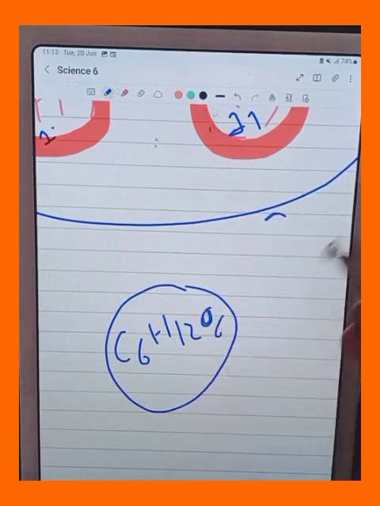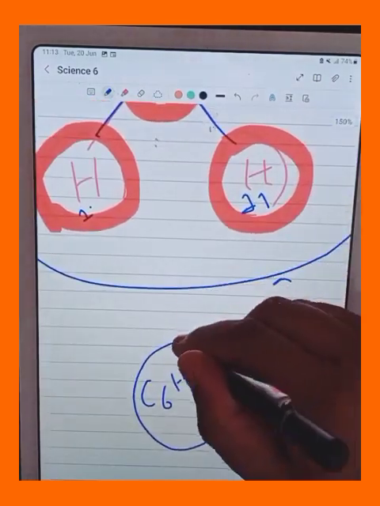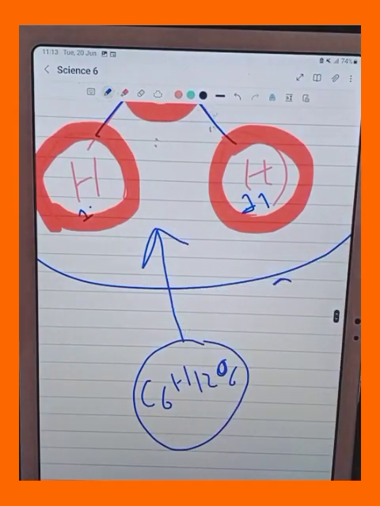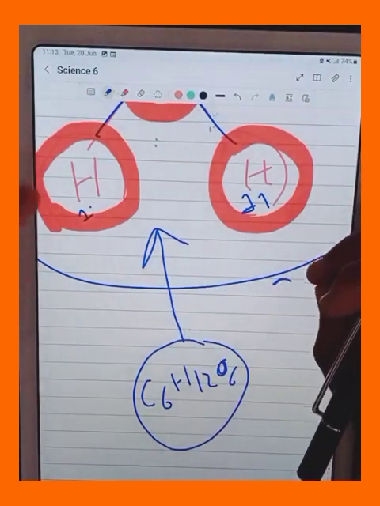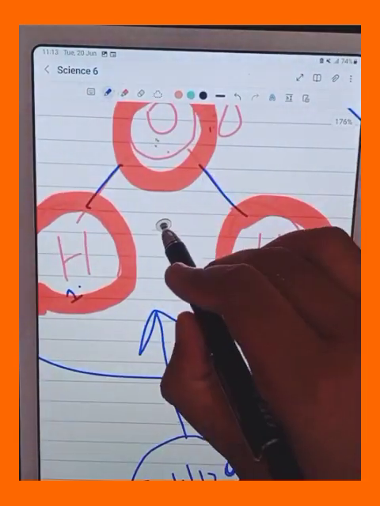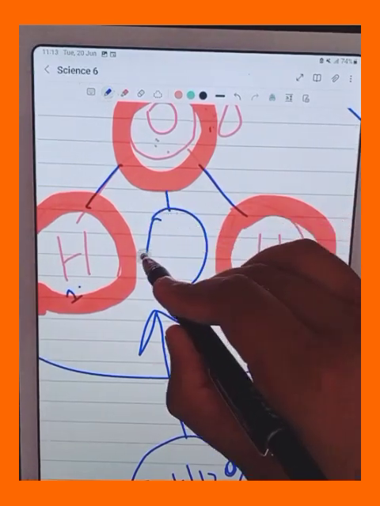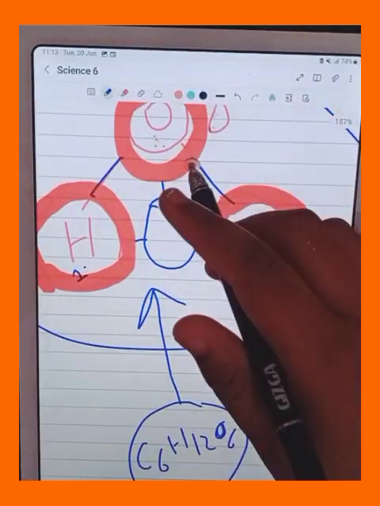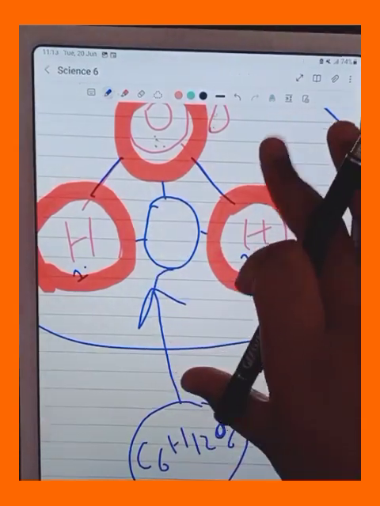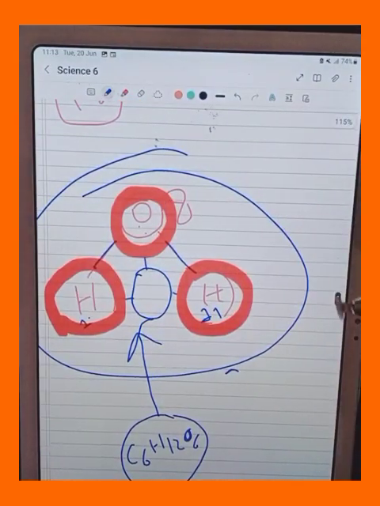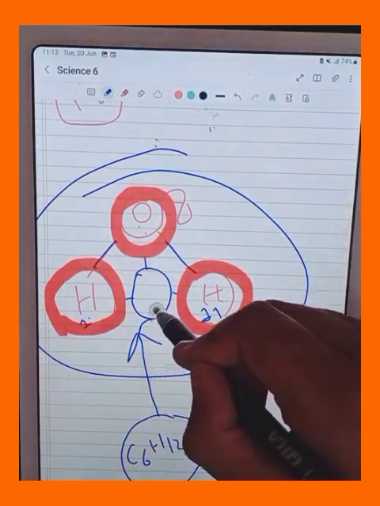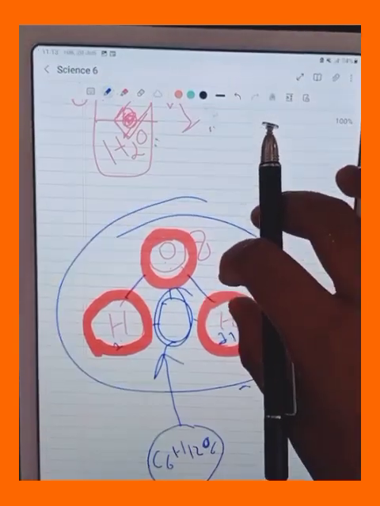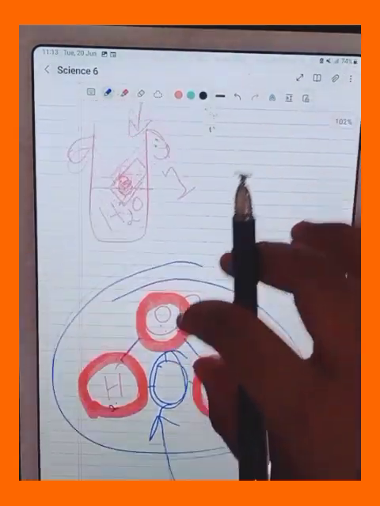So C6H12O6, or sugar or glucose, combines with this. It just fits its molecules inside this, like this. So that is why sugar disappears, because there is space in between, and the molecules just go and fit.